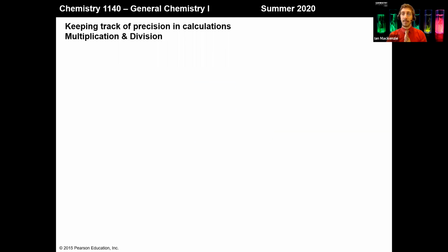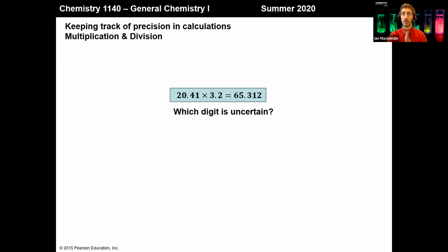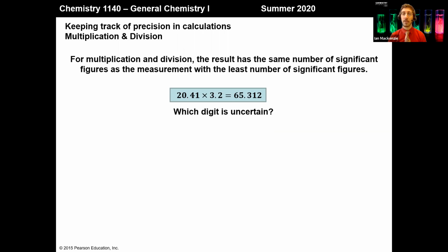All right, what about cases of multiplication and division? So let's say I had 20.41 times 3.2. I just multiply that out and my calculator will say the answer is 65.312, but where in this case is the uncertain digit? Well, for multiplication and division, the result has to have the same number of significant figures as the measurement with the least number of significant figures.